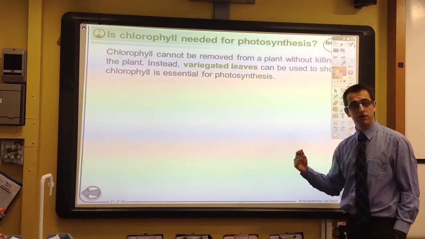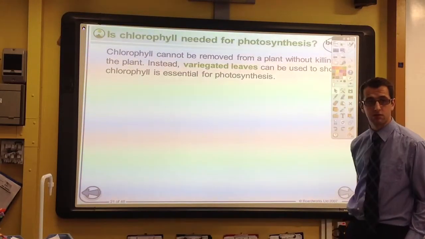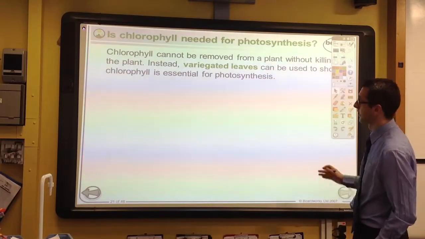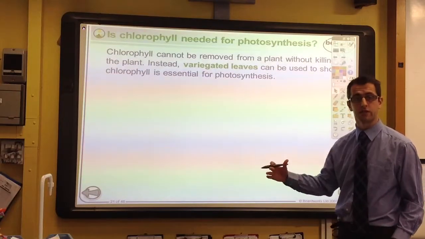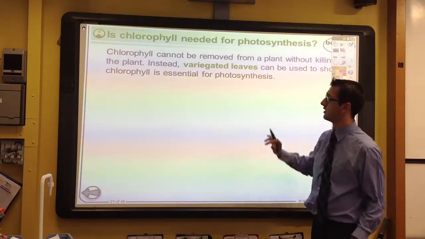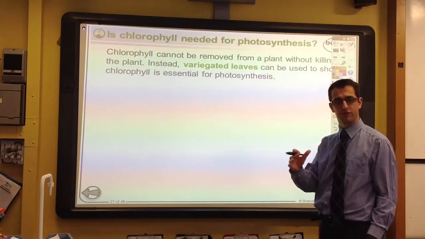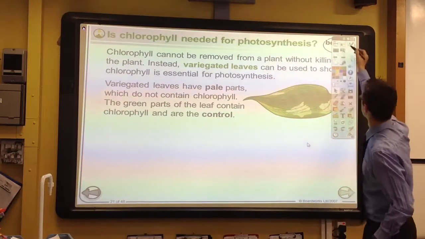So, a step on from that is to use different leaves from different conditions to explain why or prove that it is actually the light that has caused that starch to be produced. And a variegated leaf is one that is different colours. Rather than just being green all the way across, it's got different shades all over it, which is what's shown here.